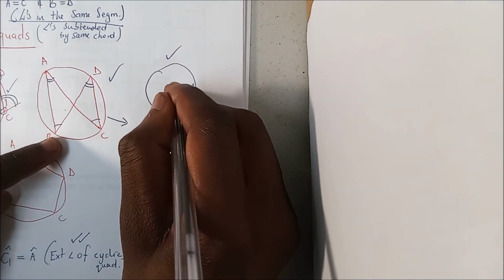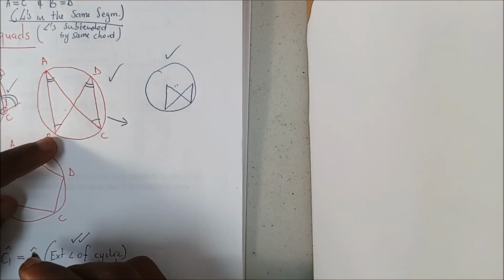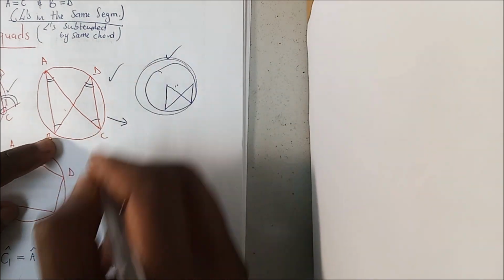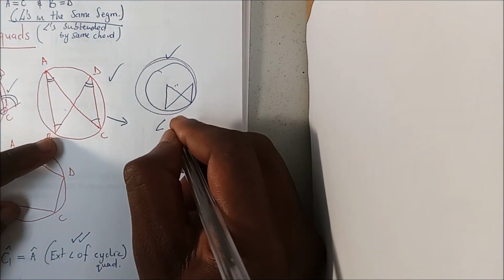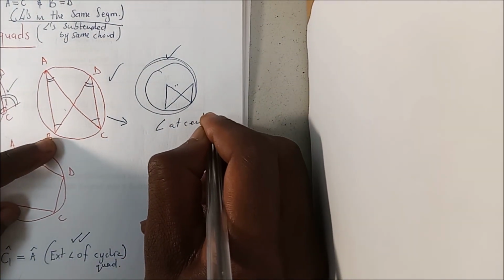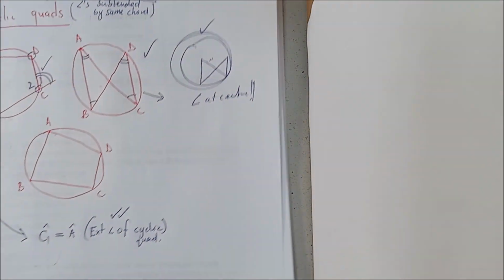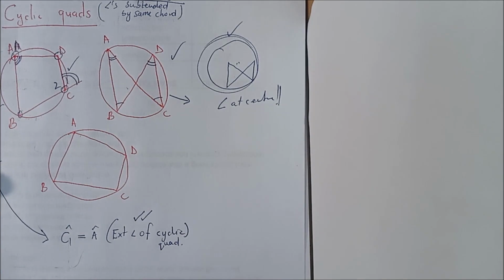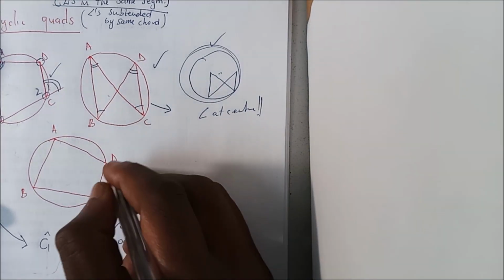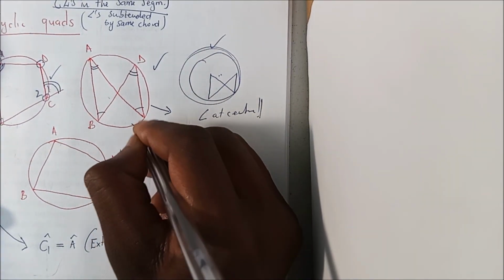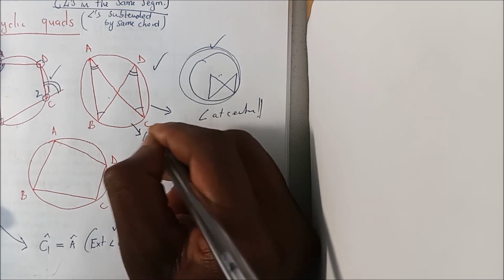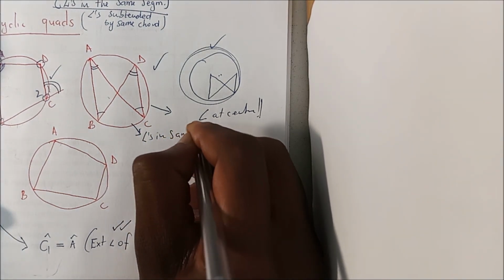So you see here, the points that are not on the circumference. So if you see this shape, you must remember angle at centre, only if we have a centre. So now let's look at this one. This is angles in the same segment.